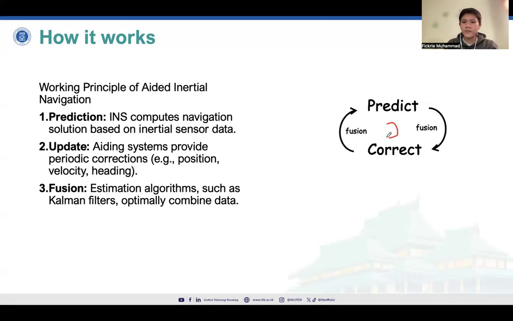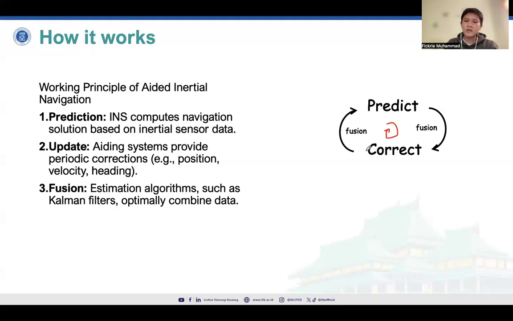Every time, first it predicts from the initial state to the next state, and then the prediction is fused with the measurement, and then it provides the corrections of our predictions.